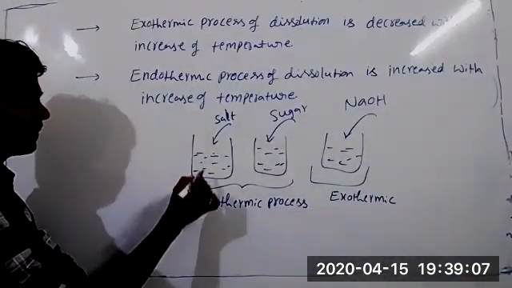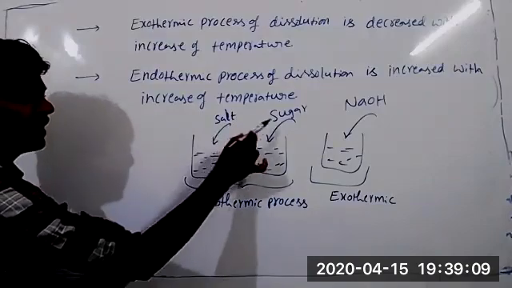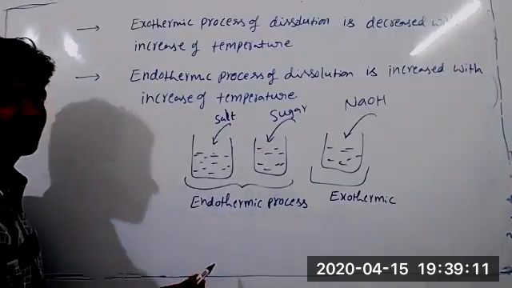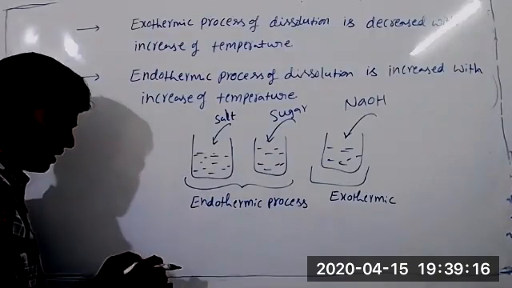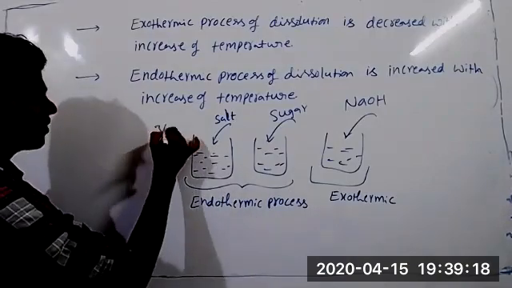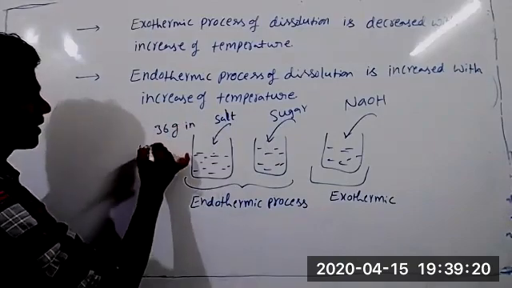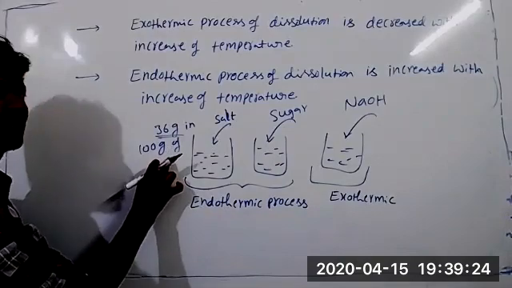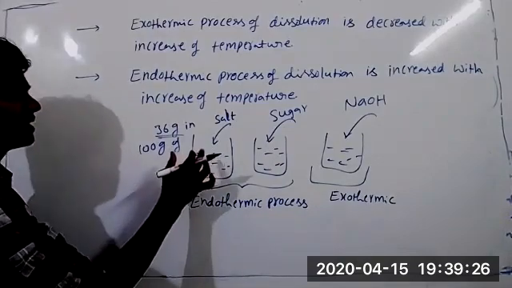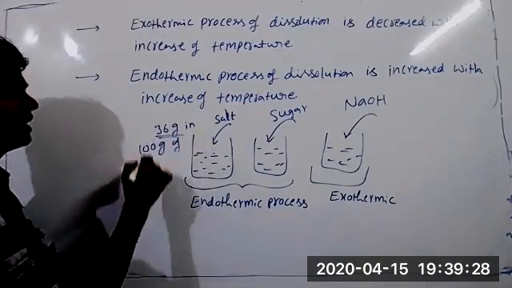So by increasing temperature, the solubility of salt and sugar in water increases. At room temperature we can dissolve only 36 grams of salt in 100 grams of water. If you increase the temperature, we can dissolve more than 36 grams.